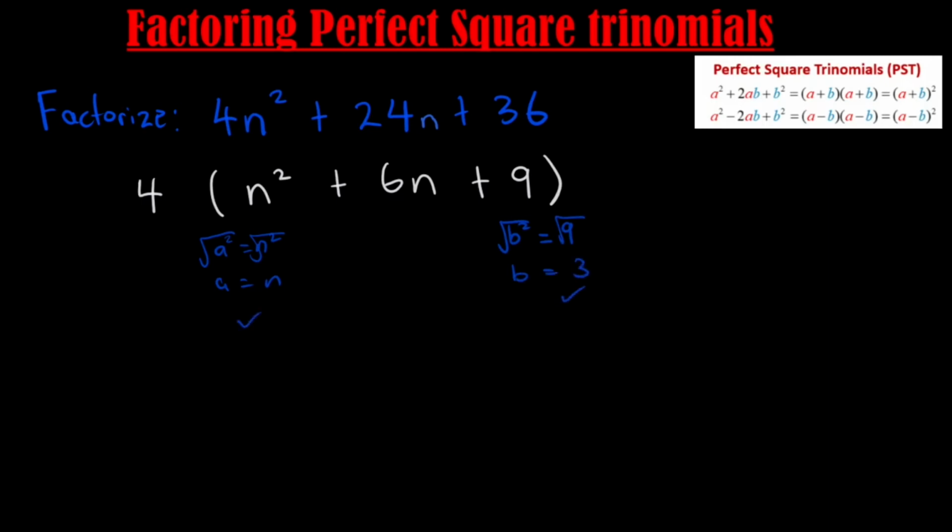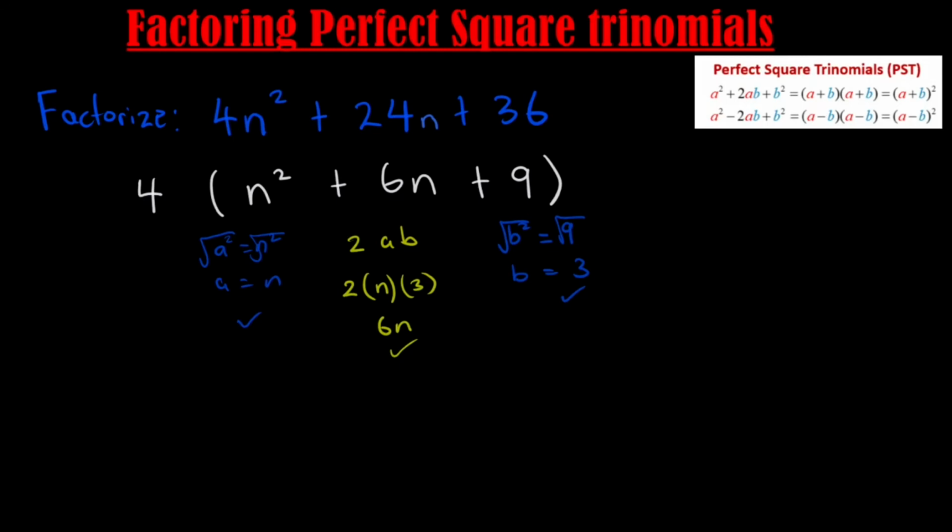And now our middle term, we know that it should be twice the product of a and b. So 2 times a, which is n, times our b, which is 3, that would give us 2n times 3, which is 6n.